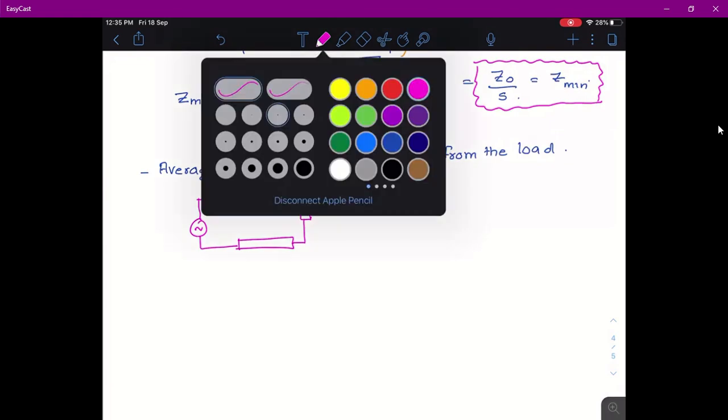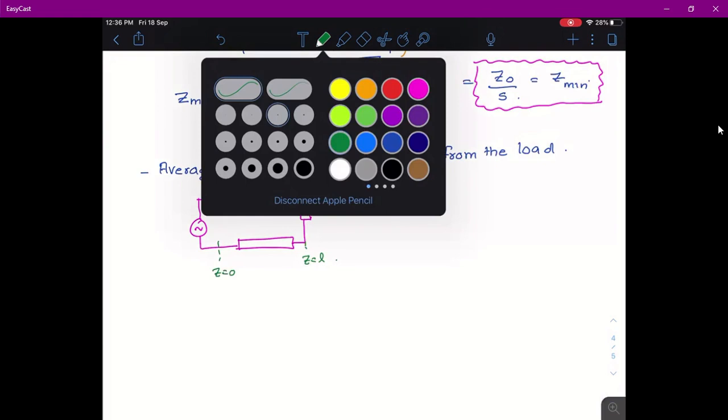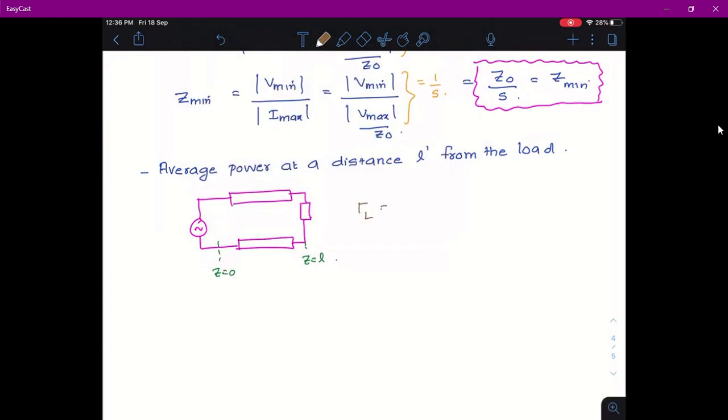The generator is at Z equal to 0 and the load is at Z equal to L. The reflection coefficient at the load, tau L, is equal to V0 minus by V0 plus e raised to 2 gamma L. So, this is the reflection coefficient at the load.